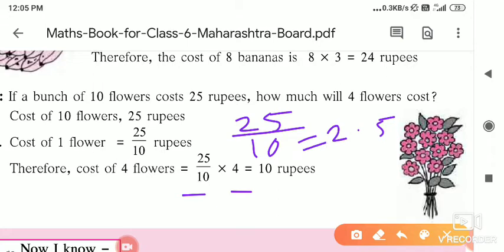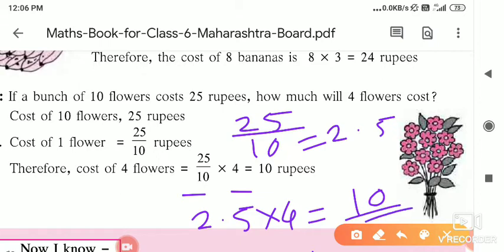By using that, the cost of one flower is 2.5 rupees, and therefore the cost of 4 flowers is equal to 2.5 into 4, 25 4s are 100, and here we have to give the point, and the 0 after the point doesn't have any value. So the cost of 4 flowers is equal to 10 rupees. In this way also we can solve this example.